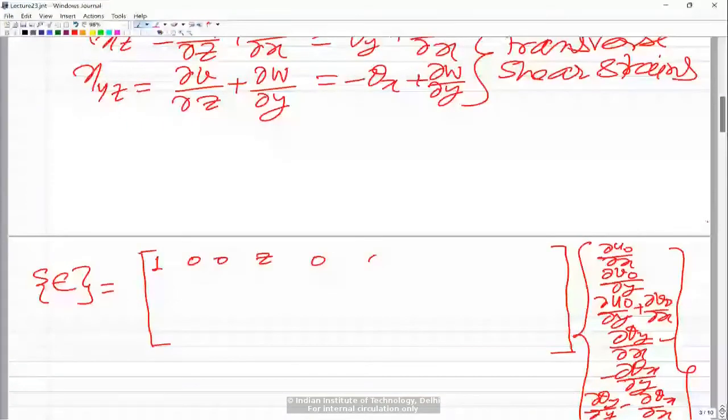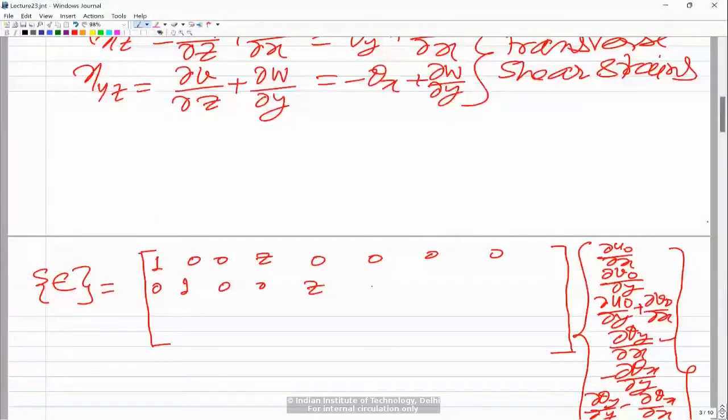Then epsilon yy is del v naught by del y minus z into del theta x by del y. So here 0 1, and then 0 0, and minus is already there, so I put here basically z, and then this 0 0. And then gamma xy is del u naught by del y plus del v naught by del x. So 0 0, the sixth term is coming, and 0 0.